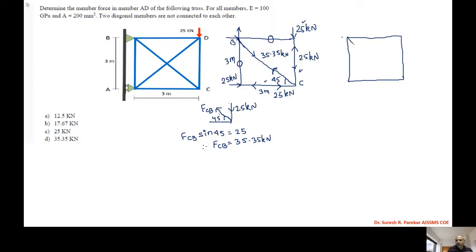So for force in member AD, we will have 1. Now we have all the reactions 0 because we have internal indeterminacy, so this is also 0.